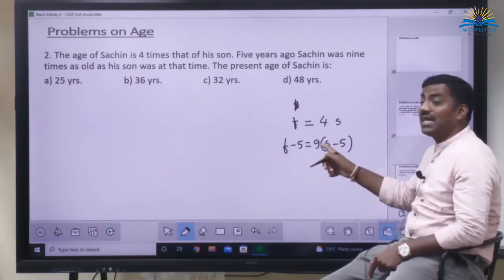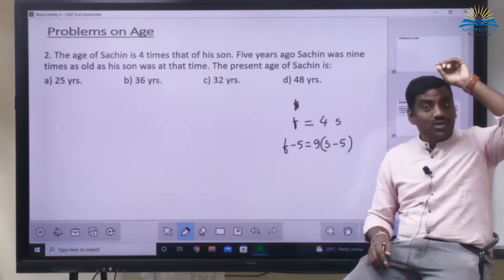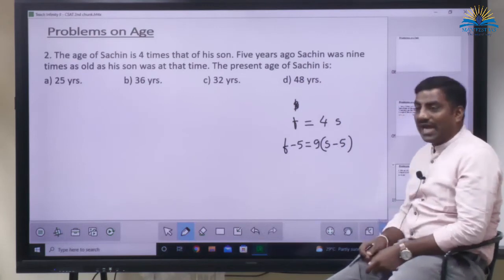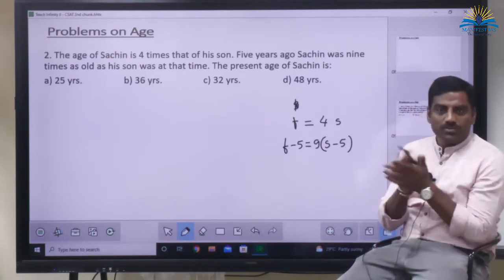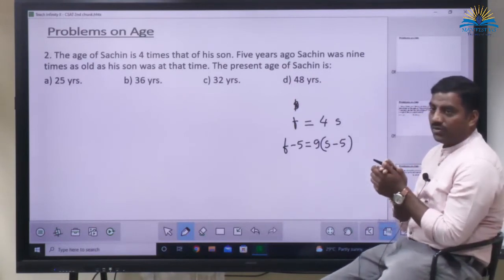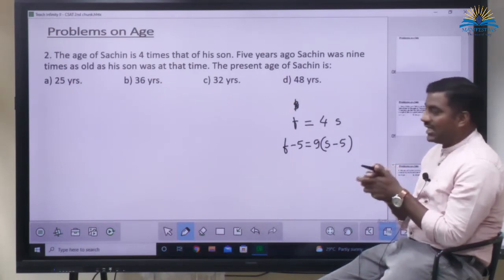This is 9 times the son's age then. The son's age 5 years ago was S minus 5. So F minus 5 is equal to 9 into (S minus 5). Understood? Now, how many equations are there? How many variables? Can we solve? Yeah.